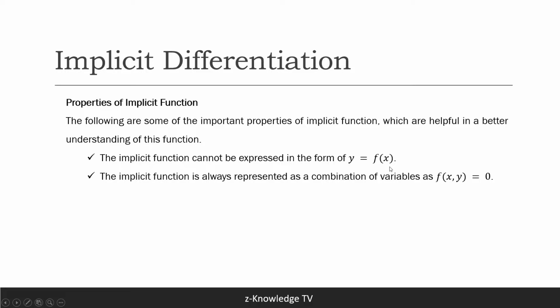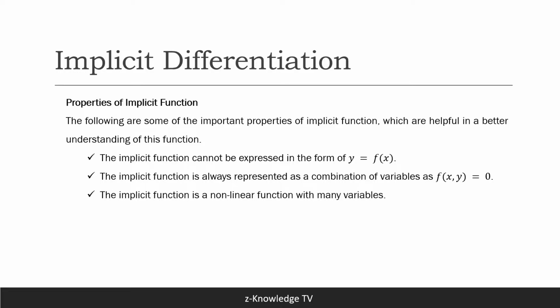Next, the implicit function is always represented as a combination of variables as f of x and y is equal to 0. Ngayon, kapag 3 variables siya, combination siya ng variables as f of x, y, and z is equal to 0.